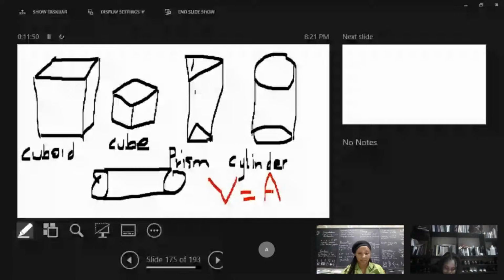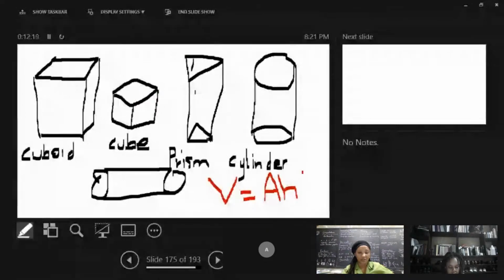In this formula class, we have looked at the area of the rectangle, the area of the square, which is just a special rectangle, the area of the triangle, and the area of the circle.